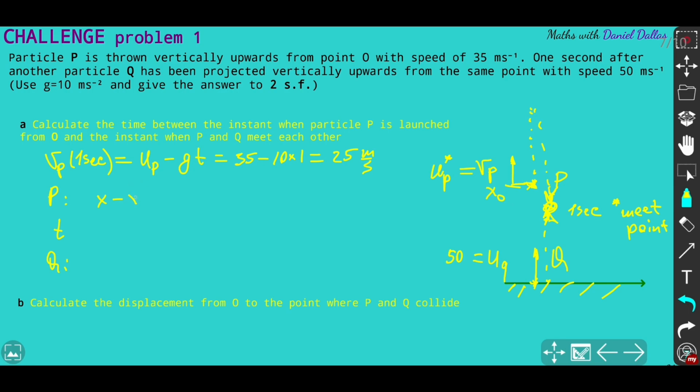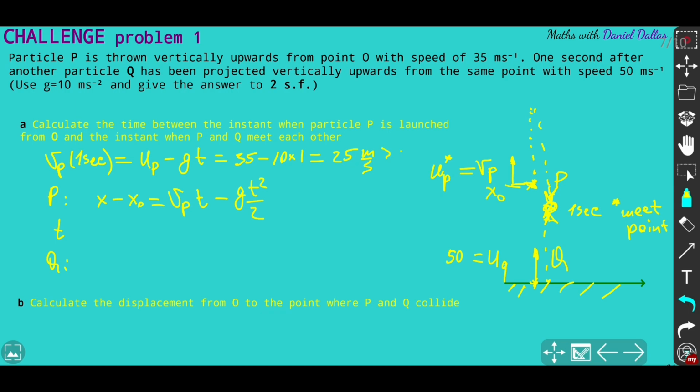For point P, it's again VP, this velocity, times time, minus gt squared over 2. As you notice, the velocity, in our case 25 meters per second, is positive, so we apply the positive sign.